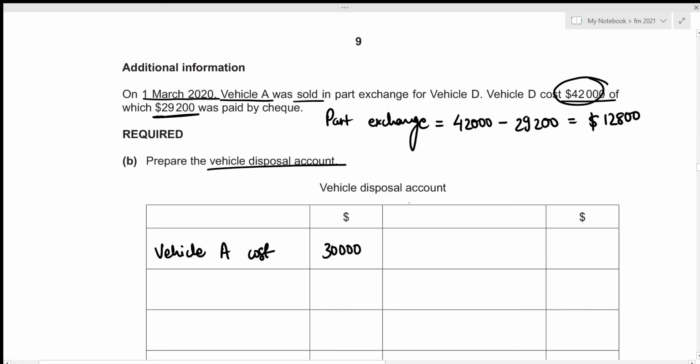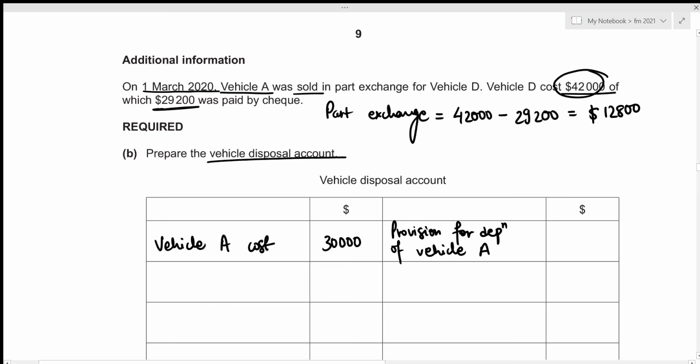And we also need to record the provision for depreciation of the disposed non-current asset on the credit side of the disposal account. Let's write it down. Provision for depreciation of vehicle A. But remember that we need the provision for depreciation on the date of 1st March 2020, right?